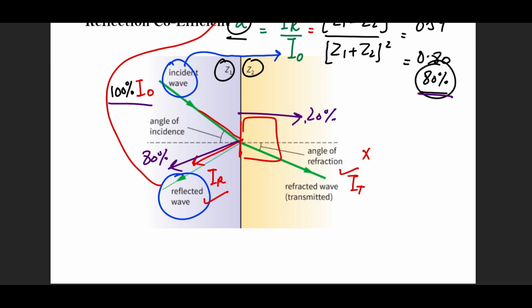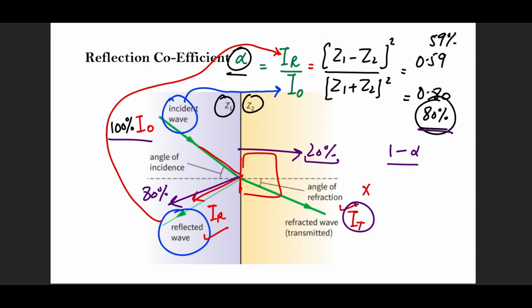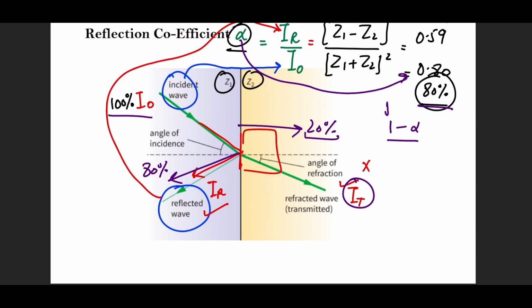Okay, so how to get this number? If you want to find the intensity of the transmitted wave, then simply 1 minus alpha would suffice, because alpha is a percentage, right? It's 0.8. Full strength is 100%. So if I take the subtraction, this will tell me the information about the transmitted wave.